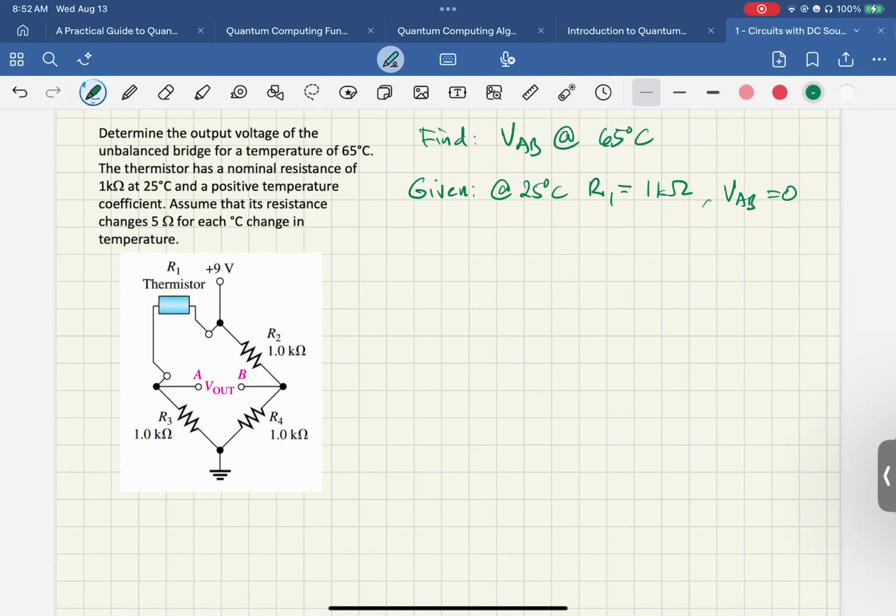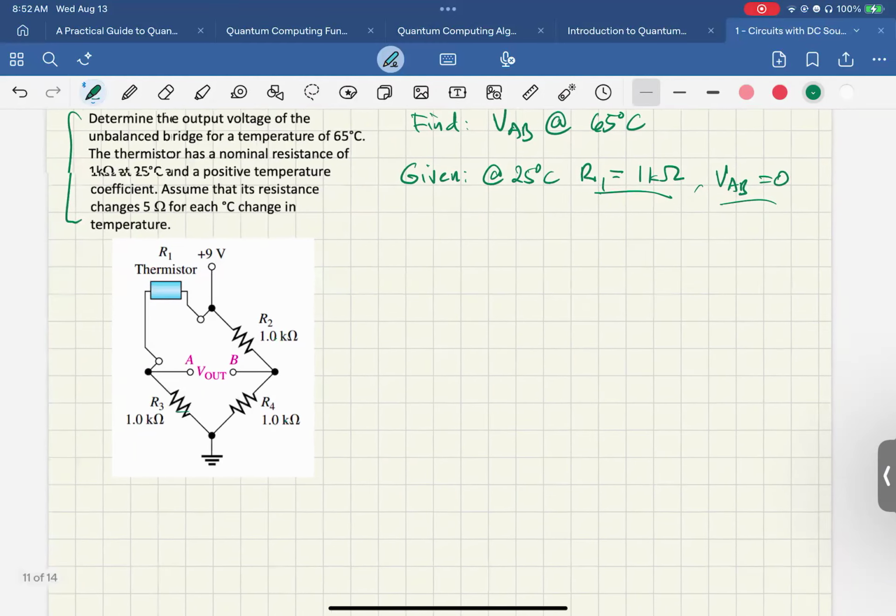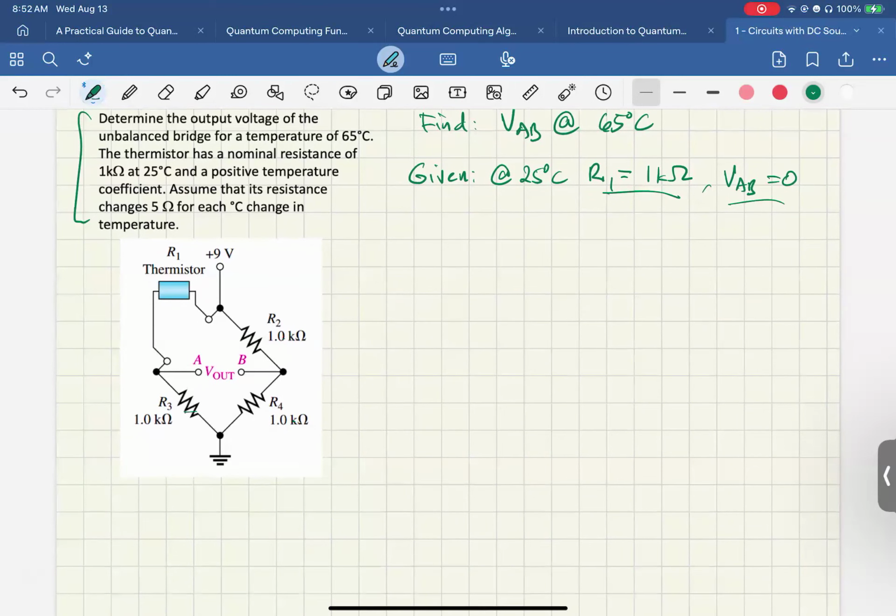It's not given in the problem, but we know that it's balanced. How do we know? Because this is 1 kilo ohm, this is 1 kilo ohm, this is 1 kilo ohm, and to balance the bridge, R1 should also be 1 kilo ohm. So at 25 degrees Celsius, the resistance of the thermistor is 1 kilo ohm, which means that the whole circuit is balanced.